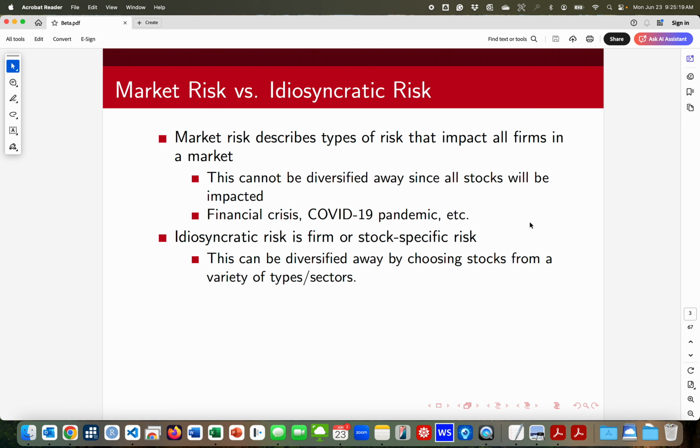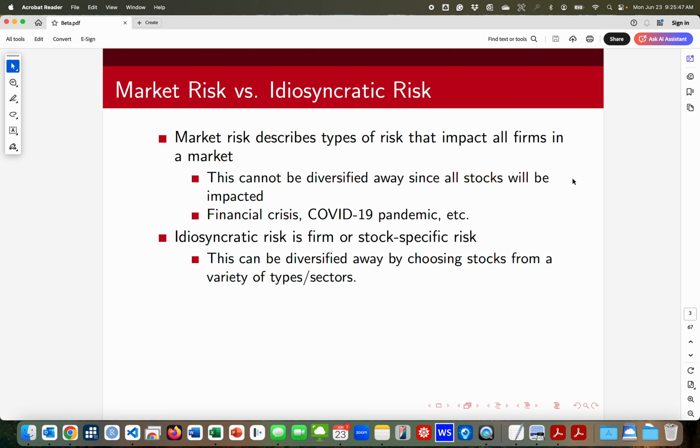But let's say there's something that's only affecting the automotive industry, but you have some automotive, you have some mining, you have some real estate, you have various different sectors in your portfolio, then you can diversify away some of the risk in the automotive sector by including things from other sectors as well. So this type of risk can be diversified away by carefully building a portfolio.